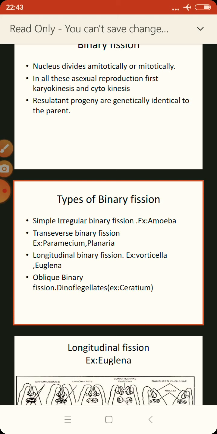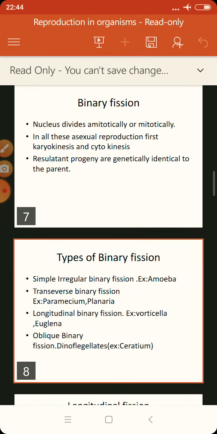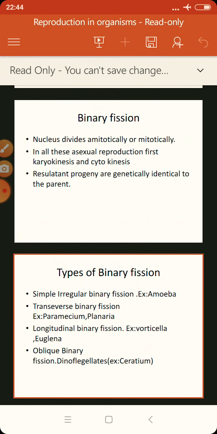I always say that variation does take place, but it should be very slight, or we use the word subtle. So this is binary fission: first karyokinesis and cytokinesis take place, and the resultant progeny are genetically identical to the parent. Try to write down all these key points I have given you.